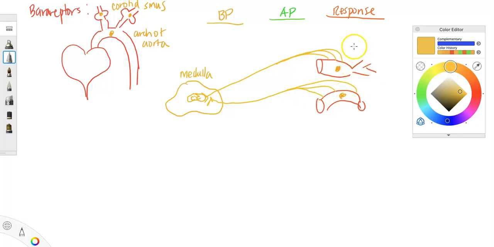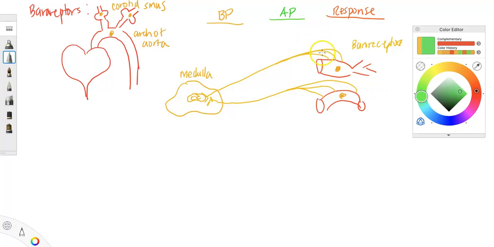So these are the baroreceptors. And again, this is the cardiac center. And the vessels are innervated specifically, we know, by the sympathetic nervous system. And basically what's happening is these vessels are sending information about what's going on back to the cardiac center. And it does that through a number of action potentials.